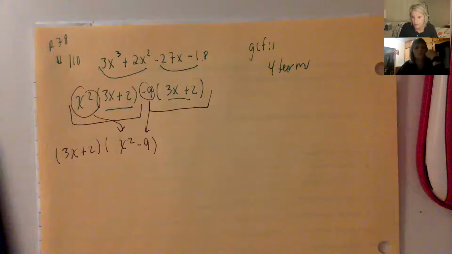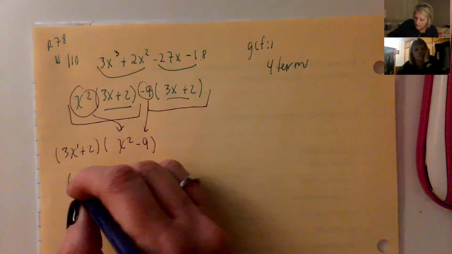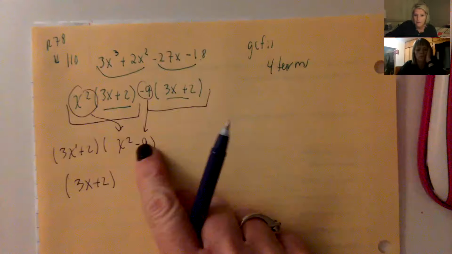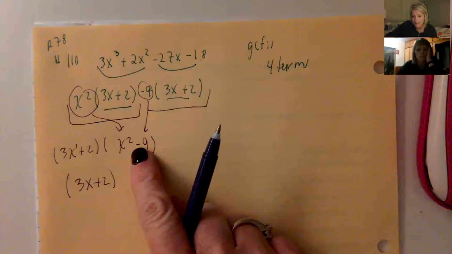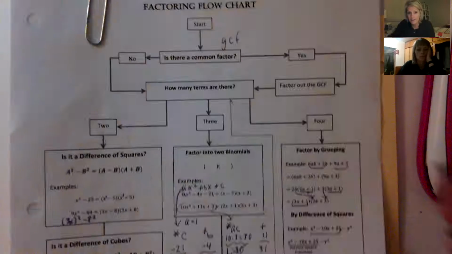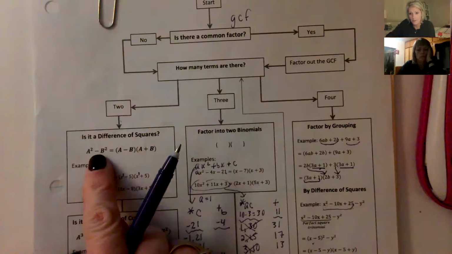Then we always ask ourselves, are we done? So that 3x plus 2 has a 1 on it, so it's done. But x squared minus 9, back to the factoring flow chart, has 2 terms, and it's a difference of 2 squares.